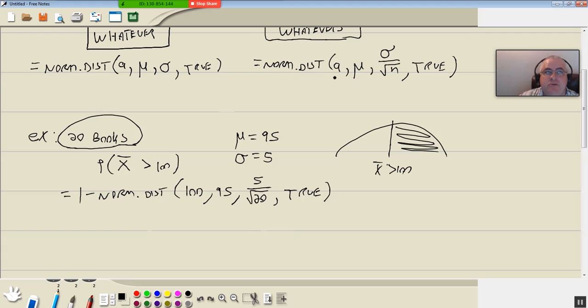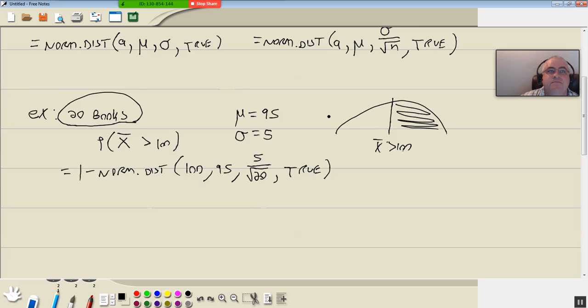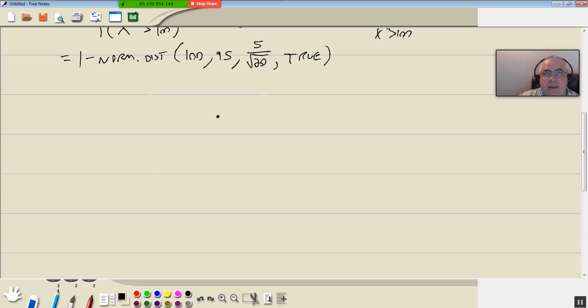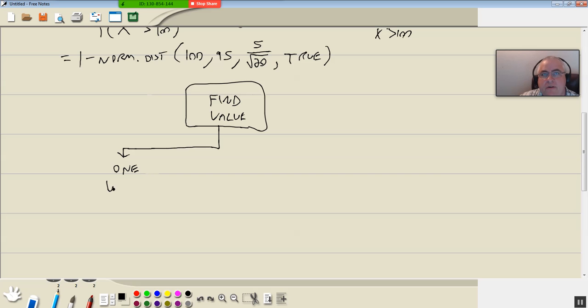Now, the same idea holds true when we're asked to find a value. I don't think there's any problems dealing with this, but if they're asking you to find a value, you again have the option of 1 whatever, or you'll have the option of many whatever.